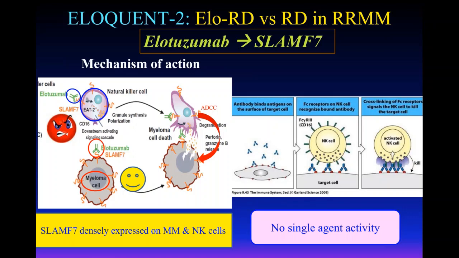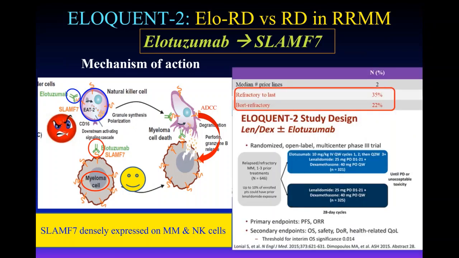And therefore, we have the Elo-RD study that actually randomized relapsed patients to receive either Elo-RD versus RD, and you see that one third of the patients are refractory to the last treatment, and actually 20% of the patients are double refractory.